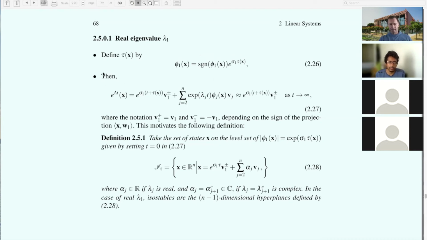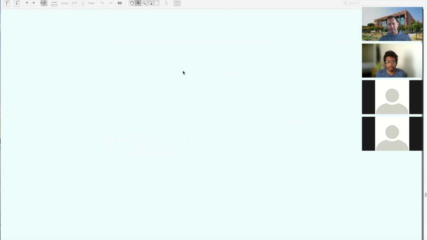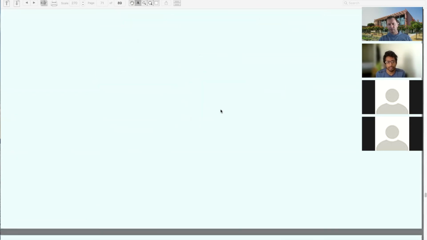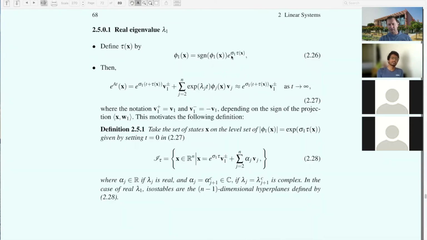So then e^(At)x, well, replace φ1 in this expansion here with this expression here. And e^(σ1 τ) gives you this over here. Previously, I had e^(σ1 t), so now I add plus tau.